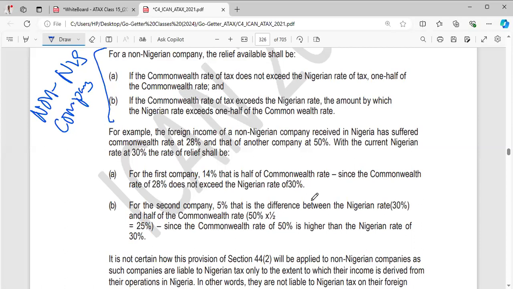That is the difference between the Nigerian rate minus half of the Commonwealth rate. So Nigeria is 30%, half of the Commonwealth rate is 25.